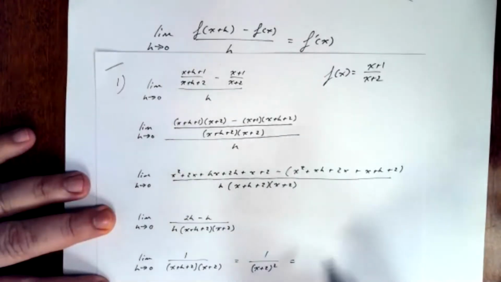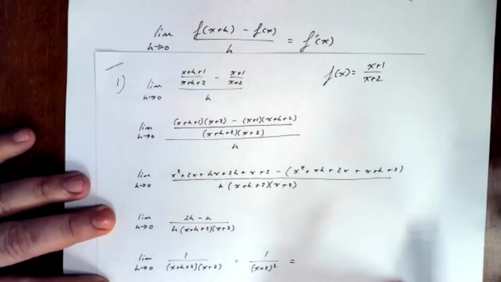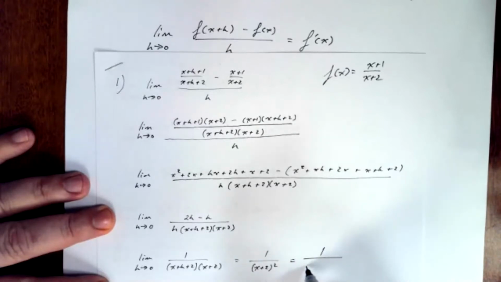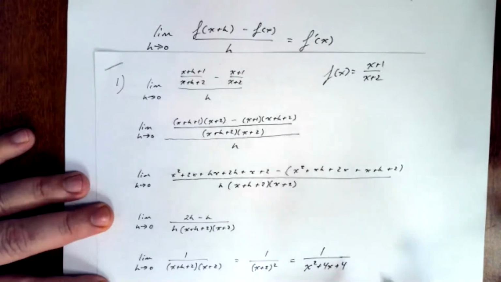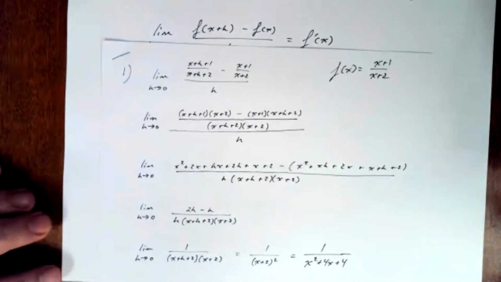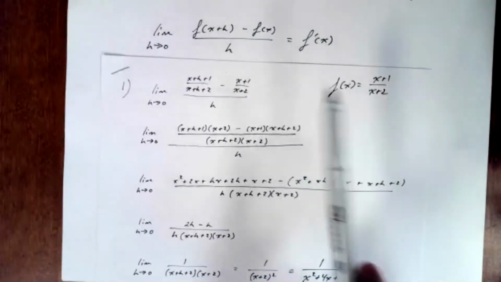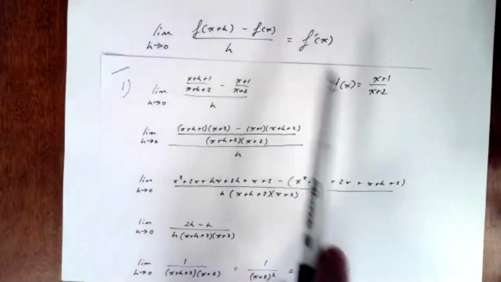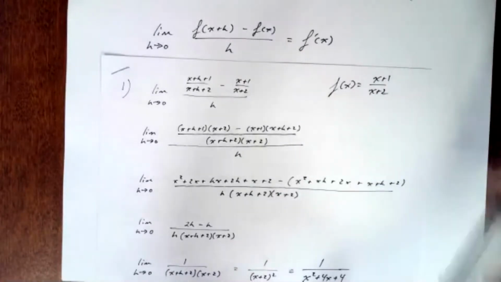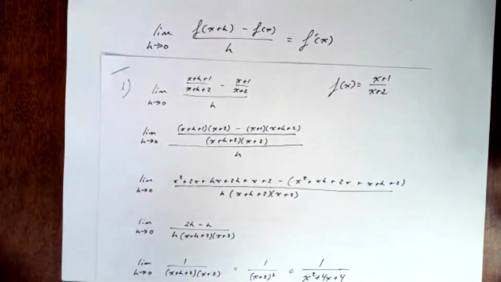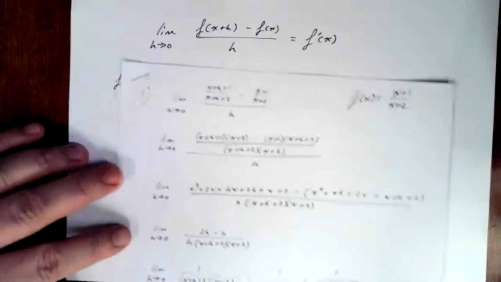Many of you also multiplied out the denominator, and your answers therefore look like x squared plus 4x plus 4. Okay, some people did not know how to plug in this term correctly. And you know, that kind of scares me a little bit too.